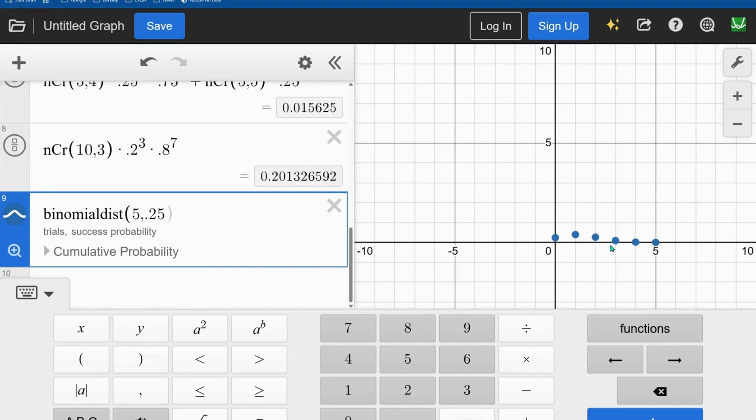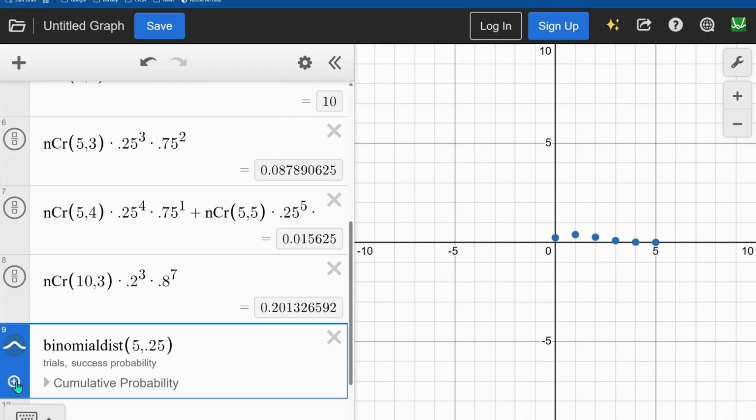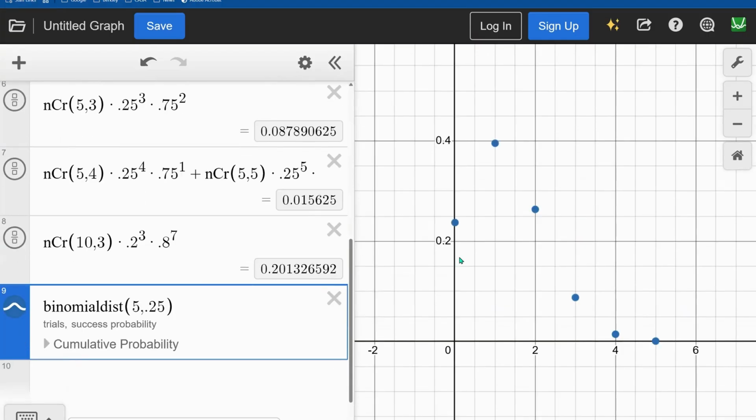You can see some dots here. I'll hit the magnifying glass. These dots represent the probabilities of the outcomes: 0 successes, 1 success, 2 successes, 3, 4, and 5 successes.